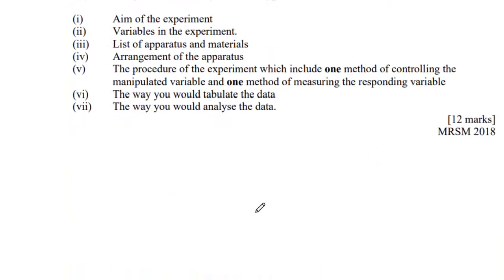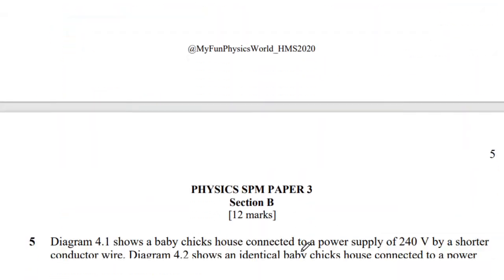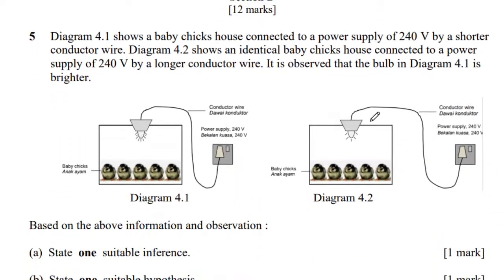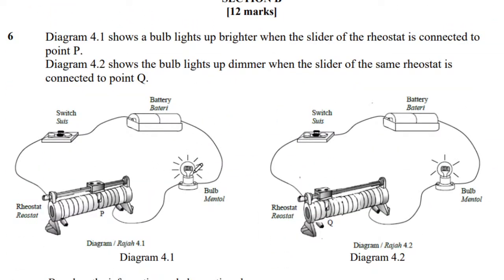Okay, then look at the next question. Here will be the brightness of the bulb and the length of the conductor. Next one, brightness of the bulb and still the length of the conductor. Here the brightness of the bulb is different, right? This is brighter, this is dimmer.